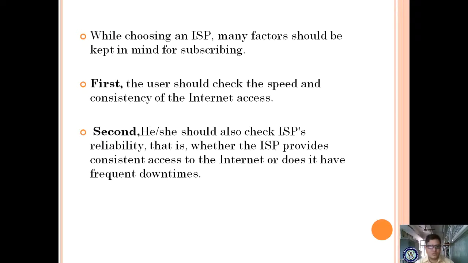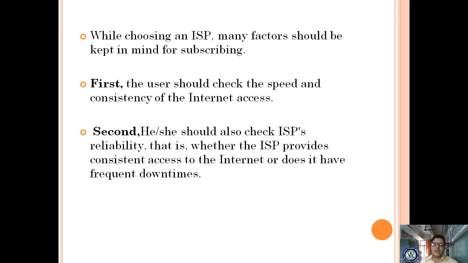So here it indicates you can access 1.5 GB of data per day, up to a speed of 100 Mbps, and there must be consistency of the internet access, right? So these factors should be taken care of.